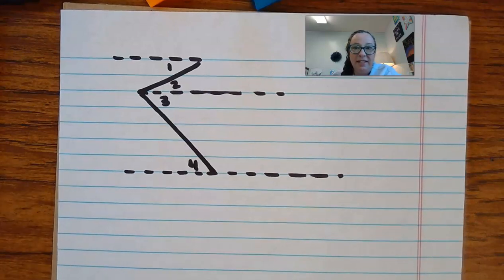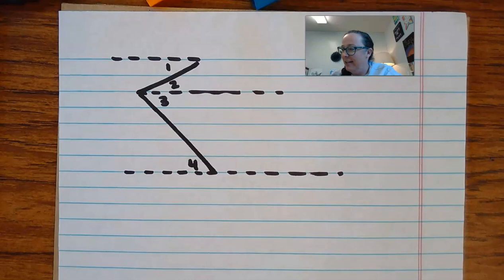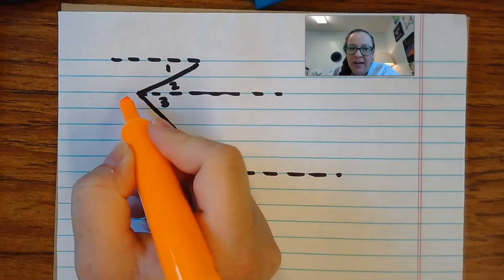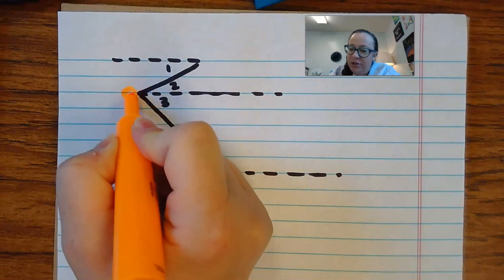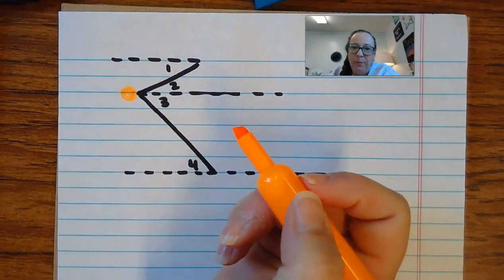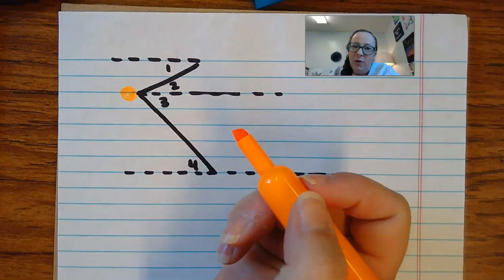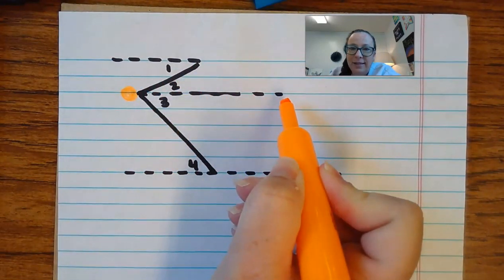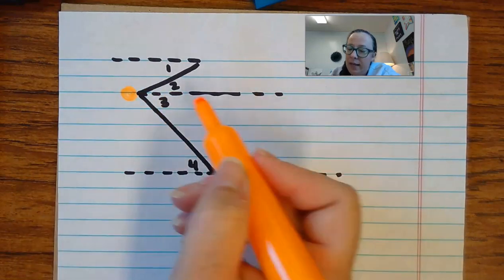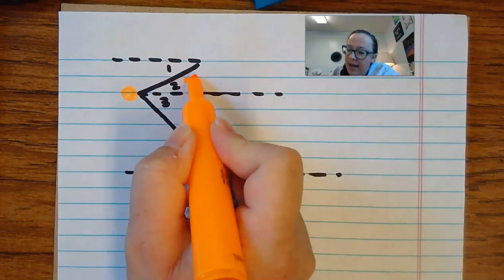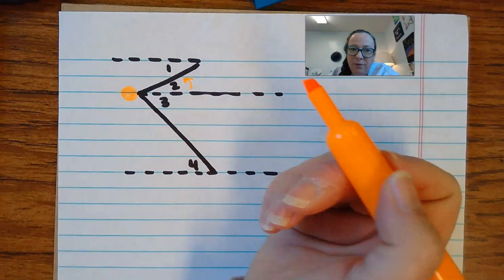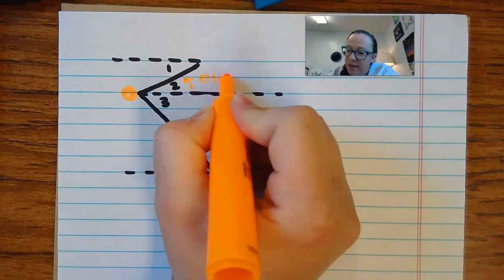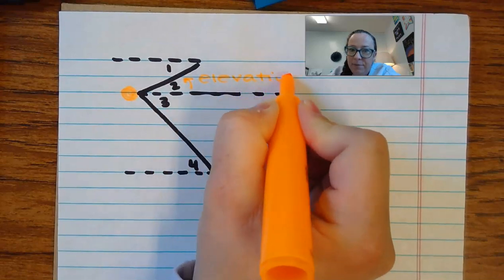I took that image and I drew it so that I could explain to you as I go. There was a person here, and so that's your observer. From the observer, here's your horizontal line. That's just your reference line. Go up this way to whatever was up here, and this is an angle of elevation because you're looking up.